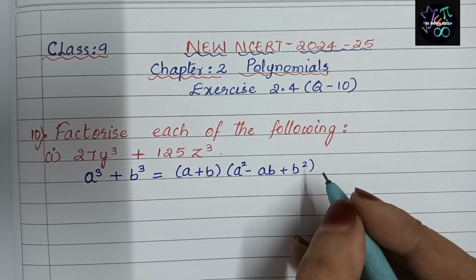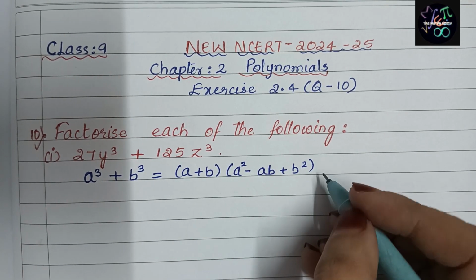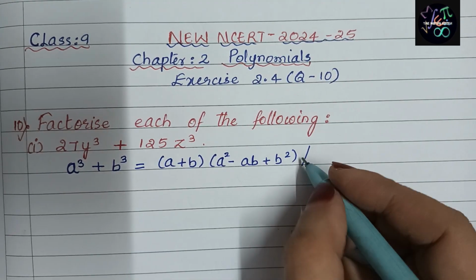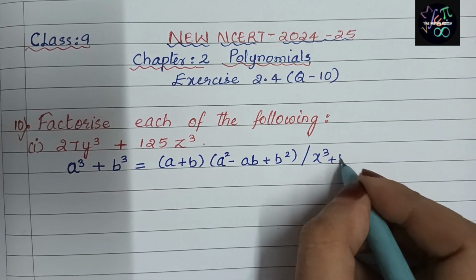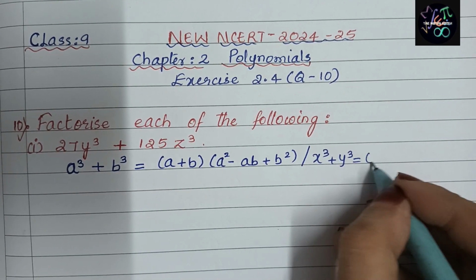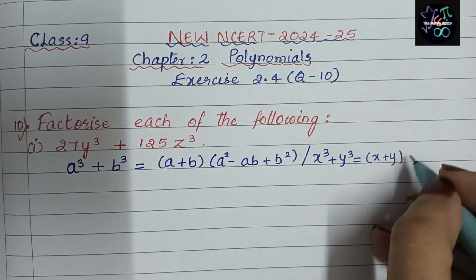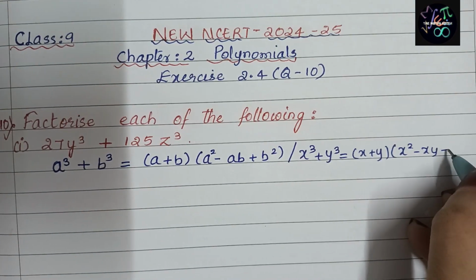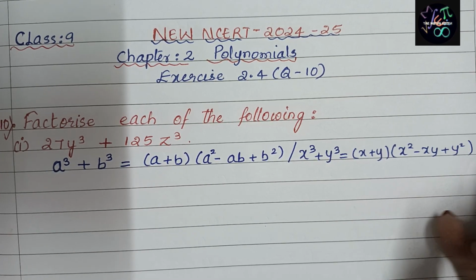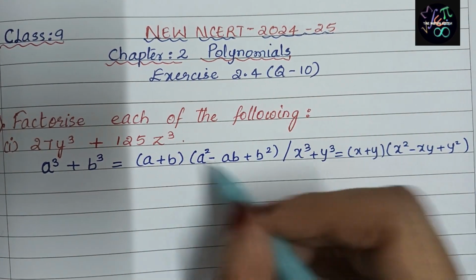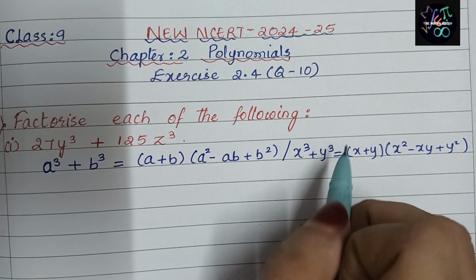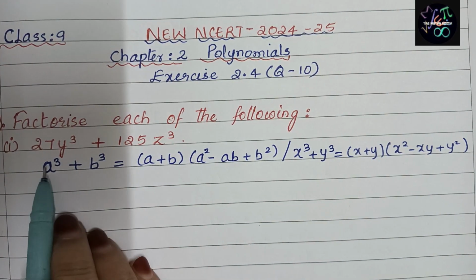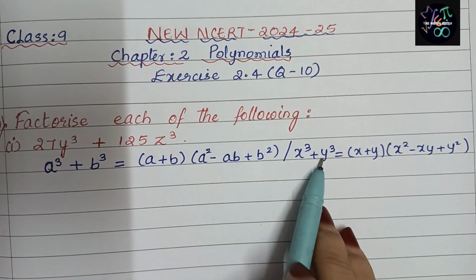This is the formula. In terms of x, x cube plus y cube is equal to x plus y, x square minus xy plus y square. The formula is one and the same. Here I have taken a and b, here I have taken x and y.